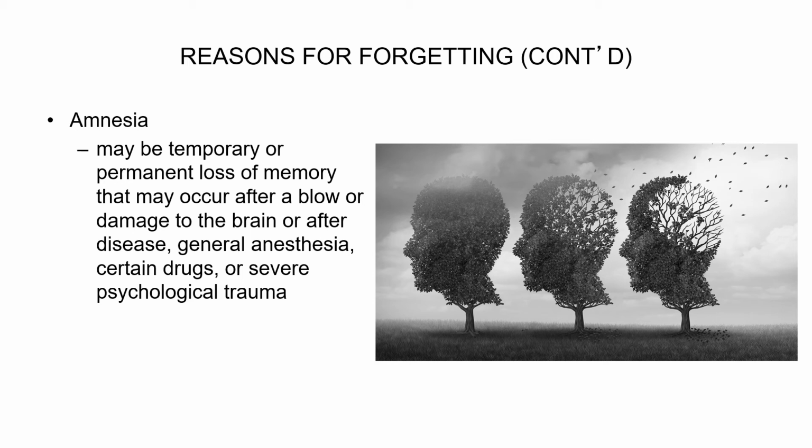But what isn't typically known is that amnesia can be temporary or permanent, and it can occur in multiple different ways: after damage to the brain, a disease, anesthesia, certain drugs, psychological trauma. Another thing that causes amnesia is electroconvulsive therapy, which is something that's still used for things like depression.